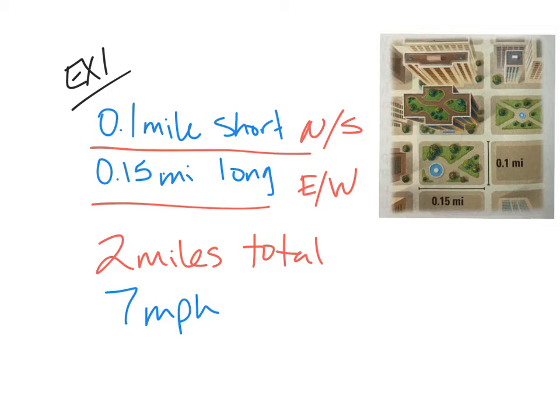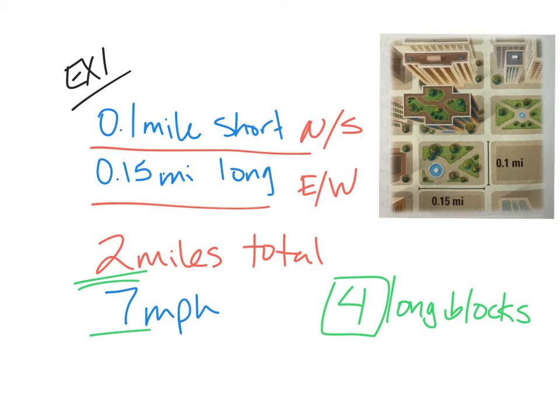So I know I'm going to run how many long blocks? 4. Because I'm going to go 2 east and 2 west, going one way and then coming back. So we know how many long blocks we're going to run, we know how far we want to go, we know how fast we want to go, and we know how long each block is. All right, so now we need to make a plan. That's step 2 of this problem-solving plan.